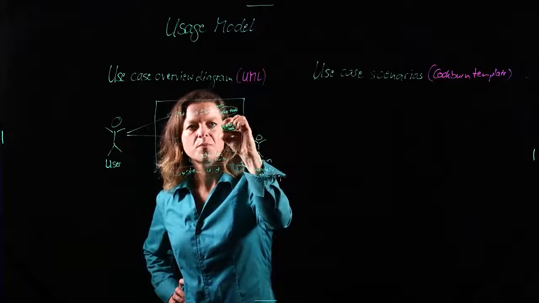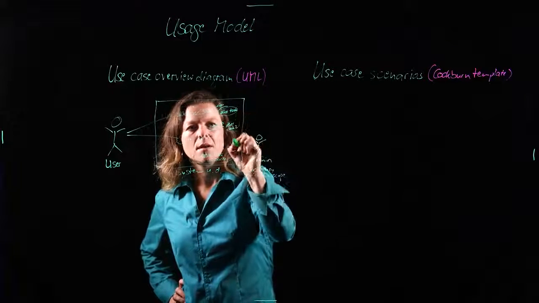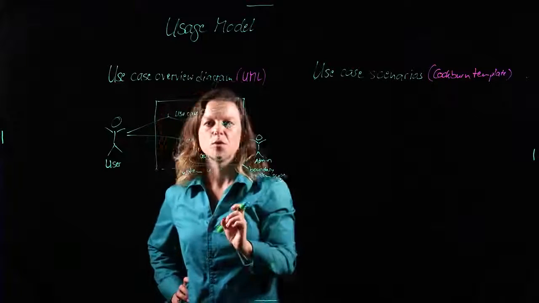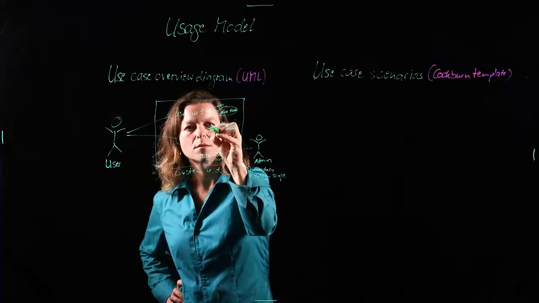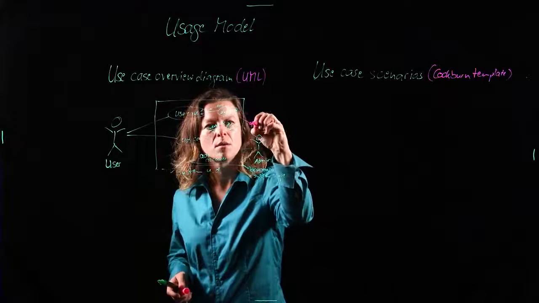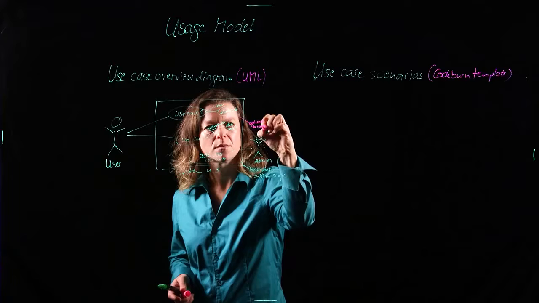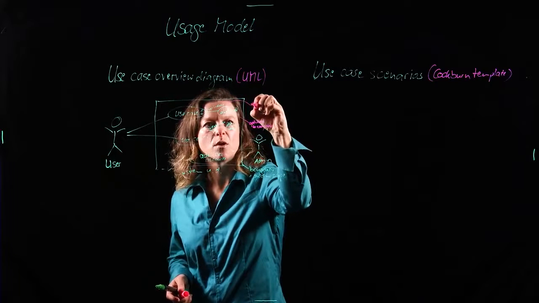Other task 2, which means that this use case can be performed in addition, but it doesn't have to be. So extends denotes an optional task to carry out. And this one with the includes will always be carried out.